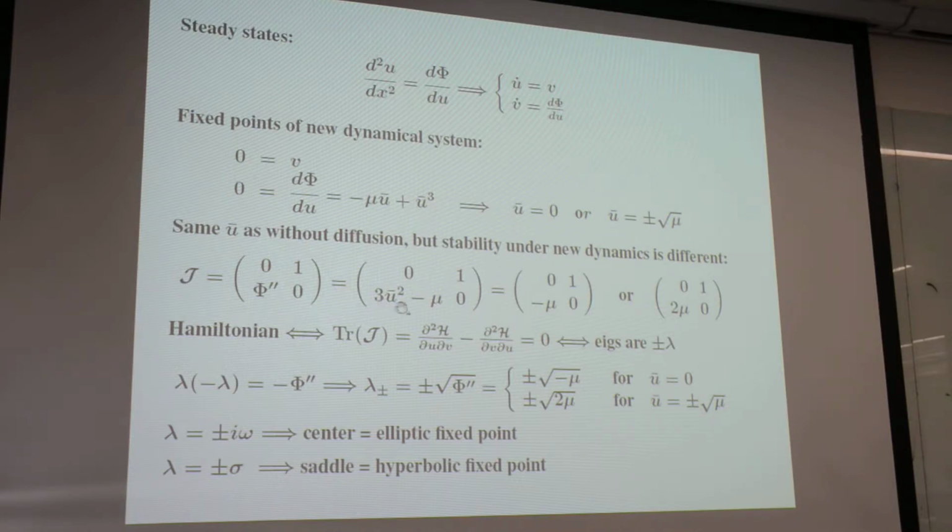So when we take mu minus 3u squared, that gives us mu minus 3 mu. Oh, yes, right. Okay, so two possibilities. U is 0, in which case you get mu, or u squared is mu, in which case you get minus 2 mu. Okay, so the u equals 0 state has this Jacobian, and the u equals plus or minus square root of mu states have that Jacobian.